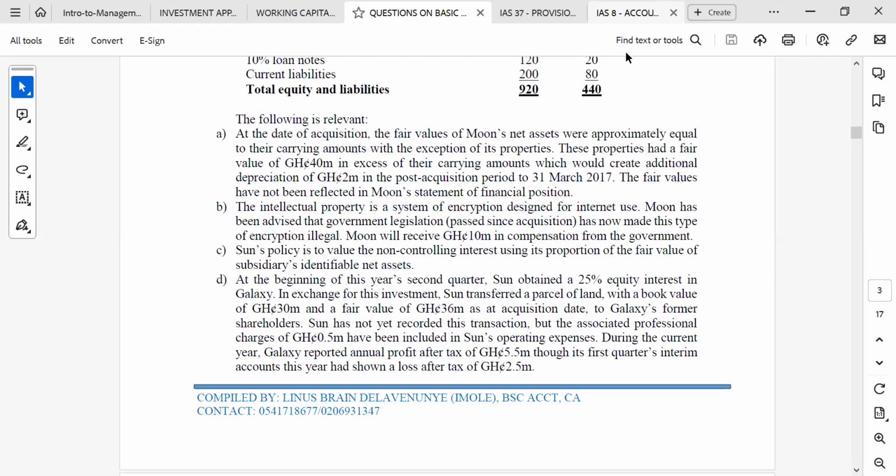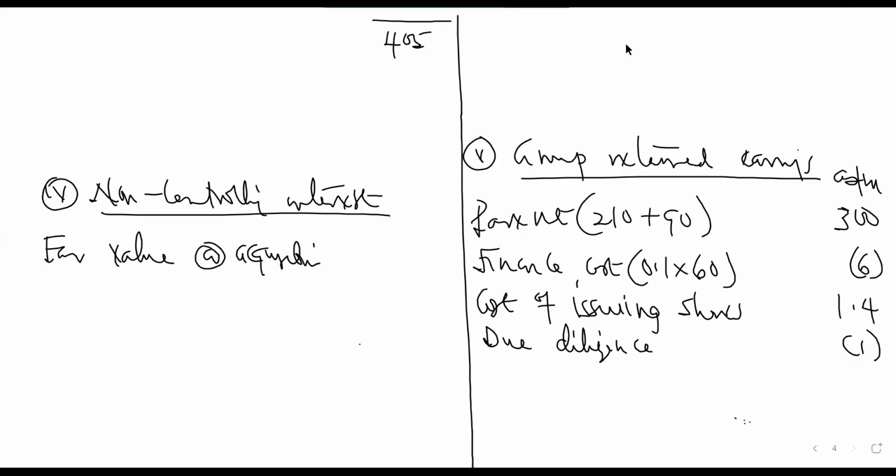So it means that the parent is buying 75%. So what would be the net asset portion of the parent? So we'll have 0.75 multiplied by the 360. Okay. What is the value of the net asset that the parent is acquiring? 270.